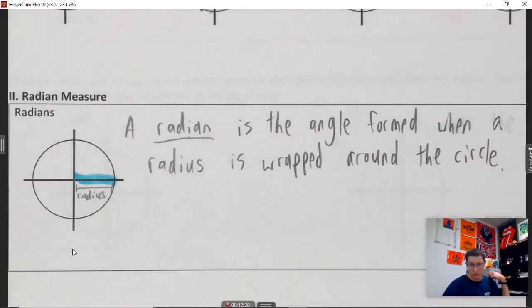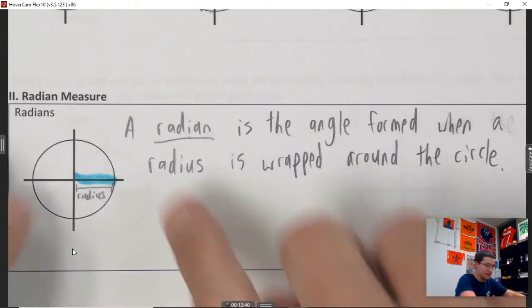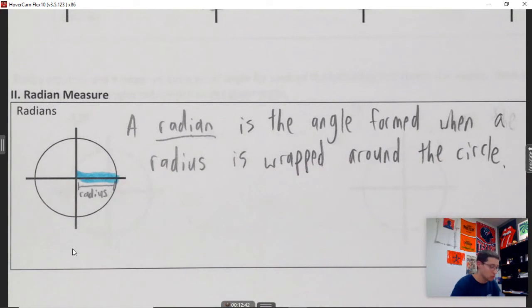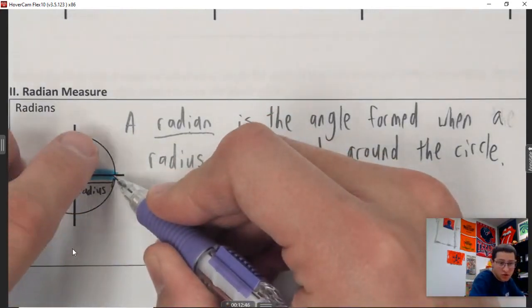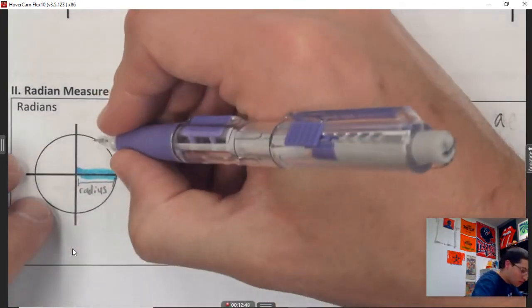A radian, notice that those two words are similar. That's not a coincidence. A radian is the angle formed when that radius, that length, is wrapped around the circle. So we're going to take that length, like we're picking it up, and start it right there.